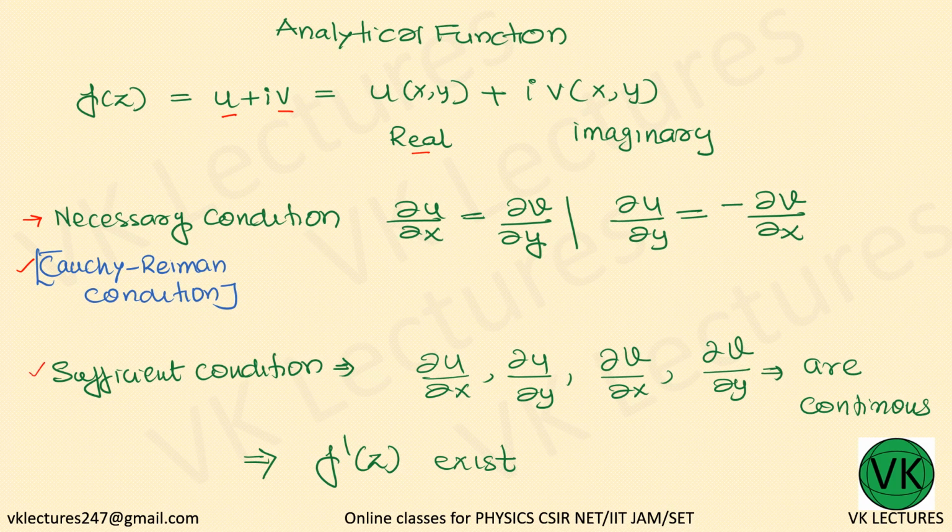The sufficient condition is that dou u by dou x, dou u by dou y, dou v by dou x and dou v by dou y should be continuous, and it must also be that f dash of z exists, that is, it should be a finite value.